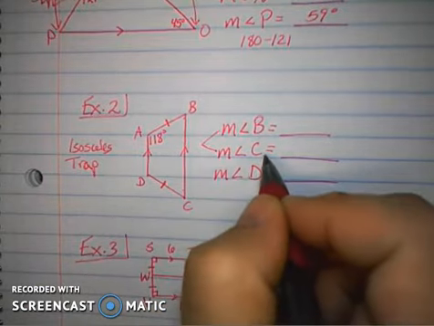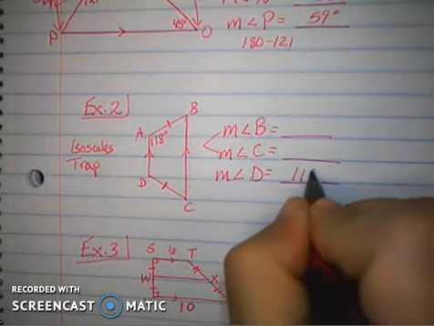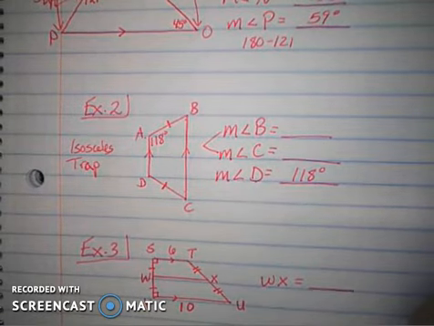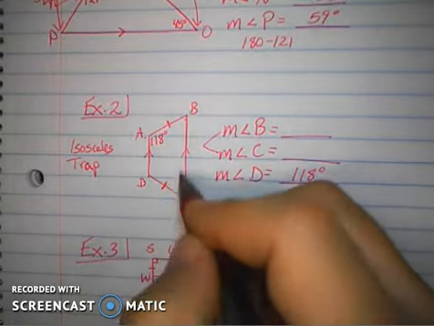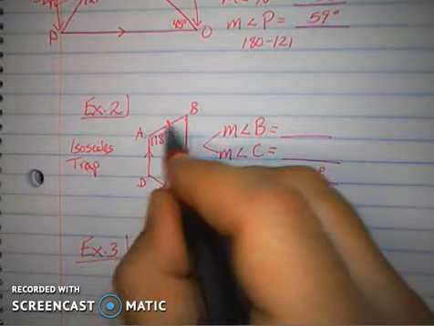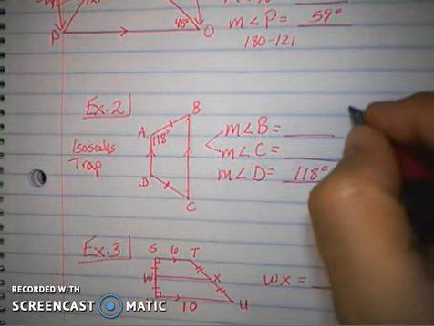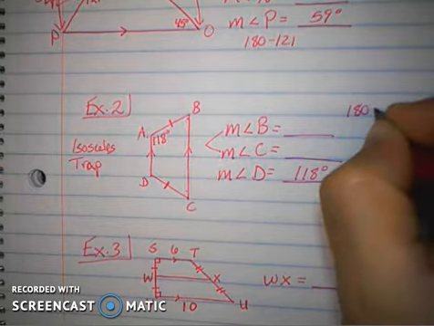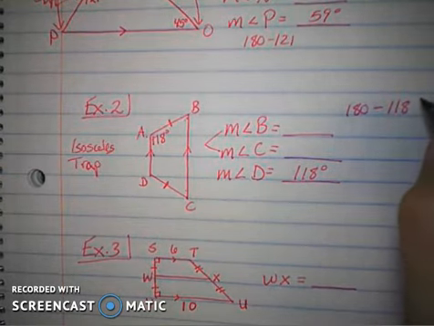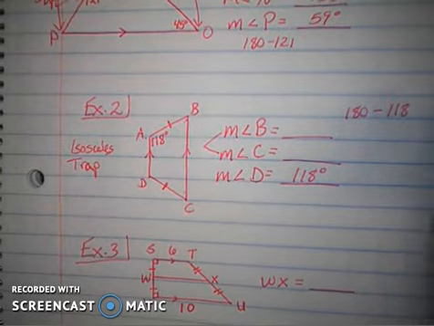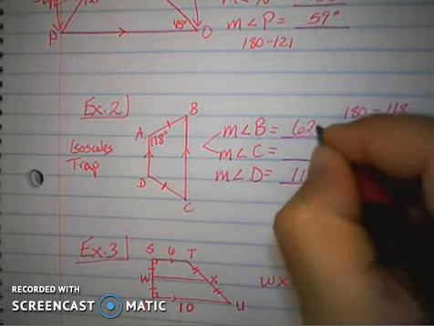So those will be the same value. And A and D are congruent. So I automatically know that D is 118 degrees. So I can just write that in. Now to find the other angles, B and C, remember that consecutive angles along a leg are supplementary. So the measures of angles B and C come from taking 180 minus 118, which equals 62. So both B and C are 62 degrees.